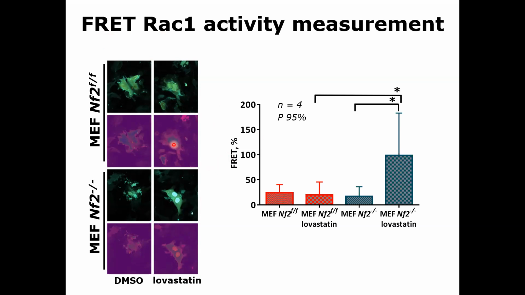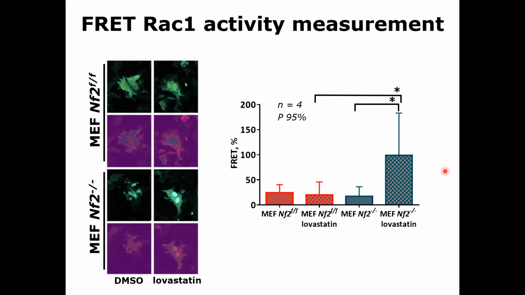You can see it by the blue color, which is absolutely cold protein, not active. But in the NF2 deficient cells, you can see that the nuclei have the bright orange color that indicates the high activity of RAC1 in the nuclei. And that's the numerical presentation.